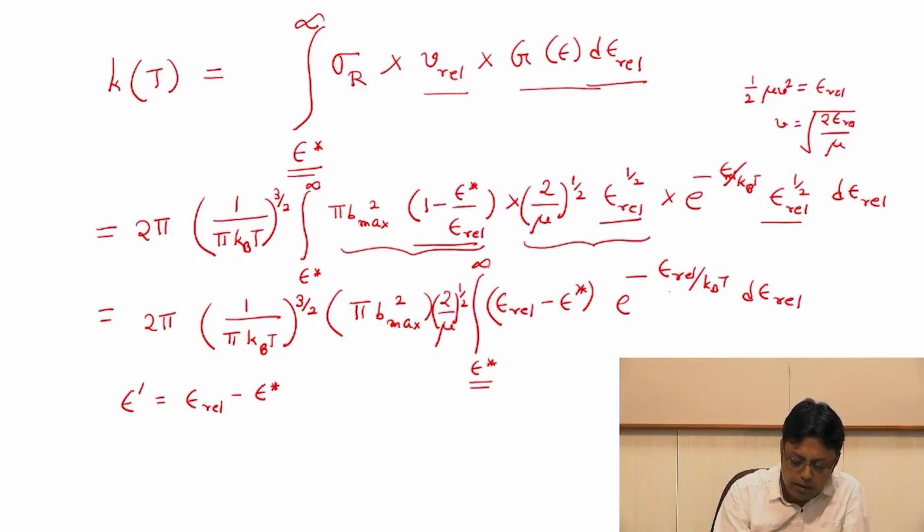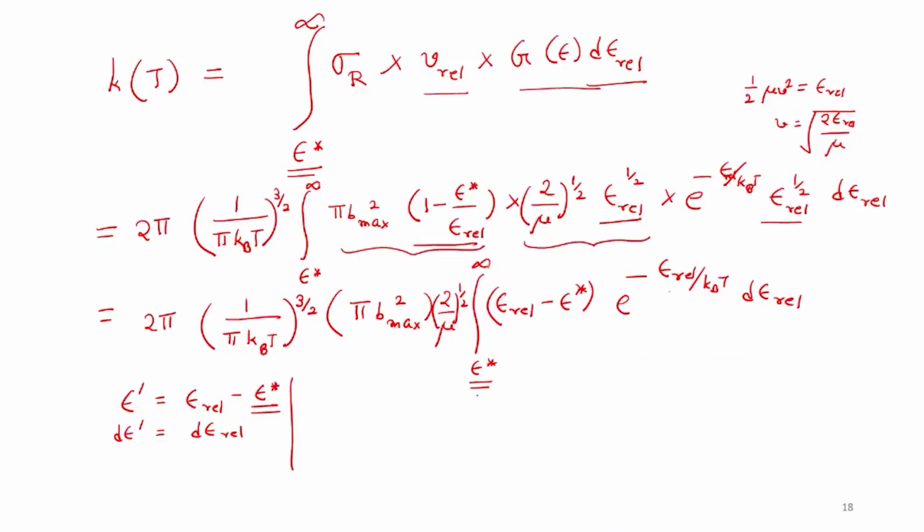Then d epsilon prime is nothing but d epsilon relative. Why? Because epsilon star is a constant, a particular fixed energy above which this reaction is happening. So I can just rewrite only this integral part.